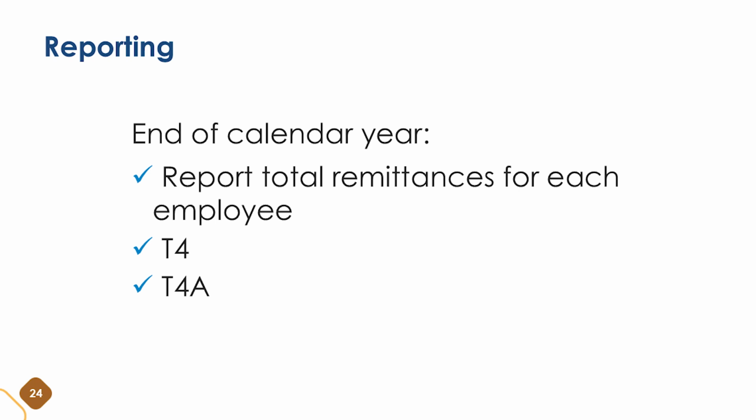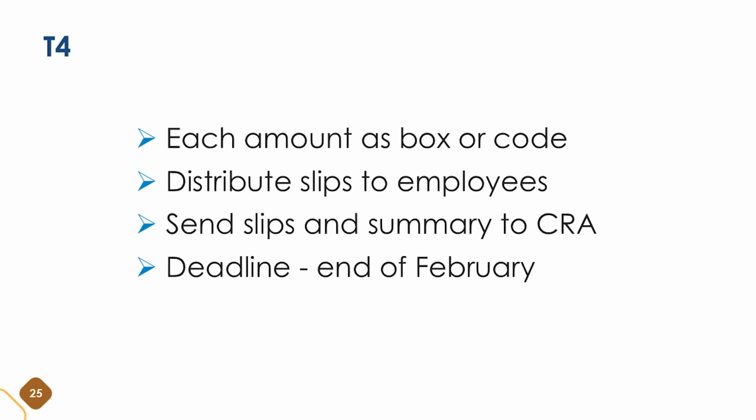Certain types of income, such as pension income issued by employers, may require a T4A slip. You have to fill out a T4 slip for each of your employees. Every amount reported on a T4 slip has a box or code. For example, employment income is always reported in box 14. Enter the corresponding amounts into each box.